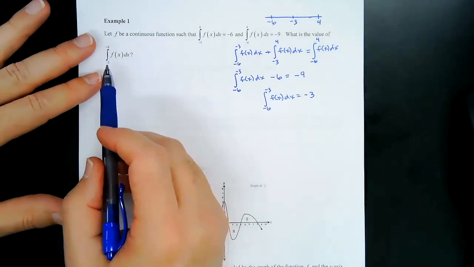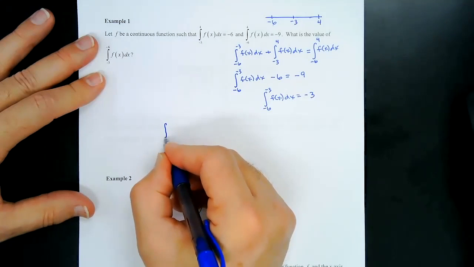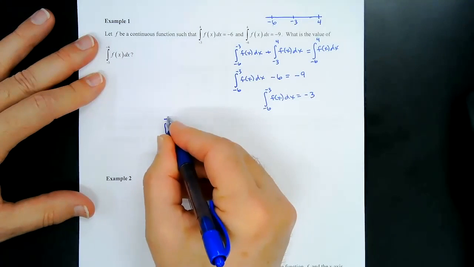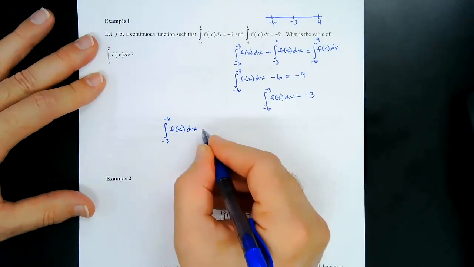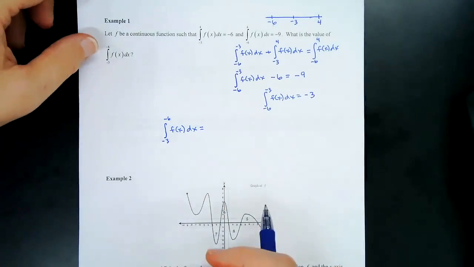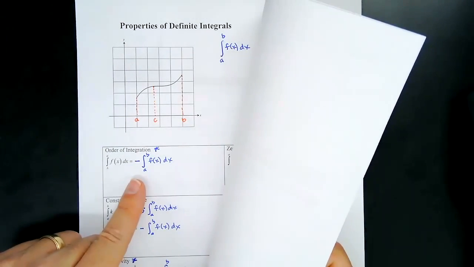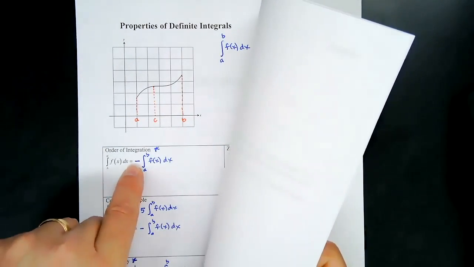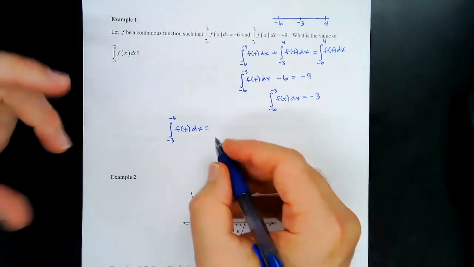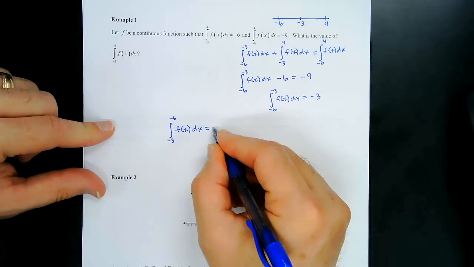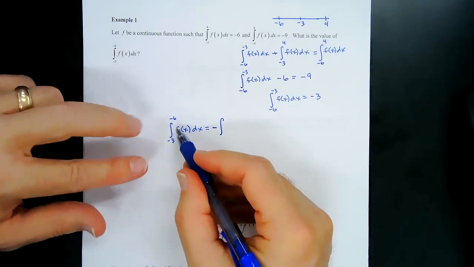Okay, but what is this one going to be? Well, I know that if I take the integral from -3 to -6 of f of x dx, I know from the very first property that I talked about that I can change the order of integration by taking the negative of it. So I can switch these, but then I'd have to put a negative in front. And that's what I'm going to do. So this is equal to negative the integral, and instead of going from -3 to -6, I'm going to switch the order.